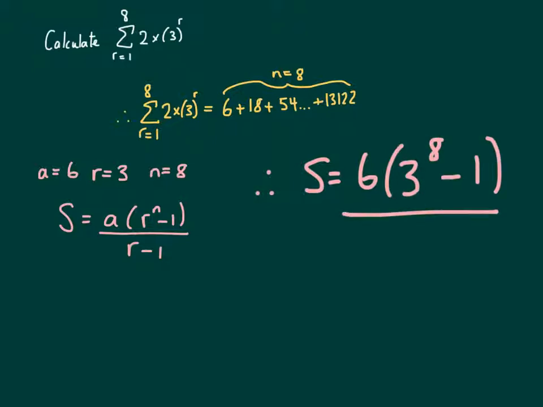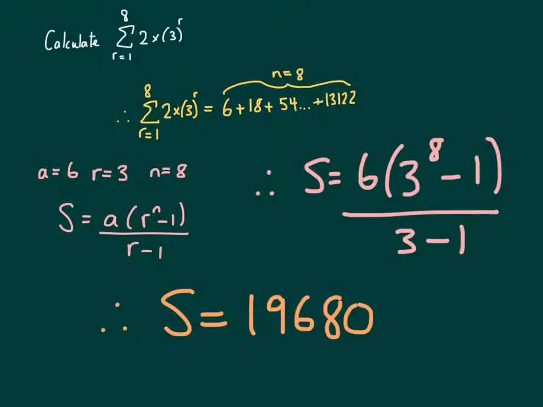So that's going to be 6 brackets 3 to the power 8, take away 1, all over 3 take away 1. Stick that into your calculator and you will get 19,680. Okay? Easy.